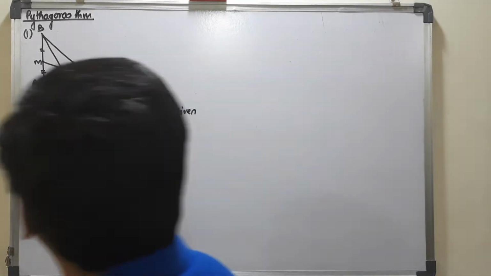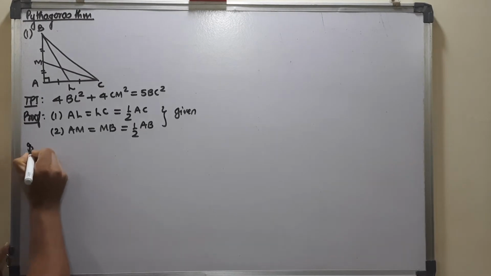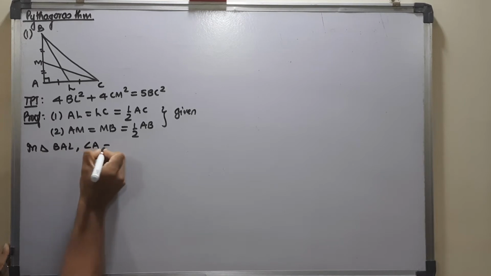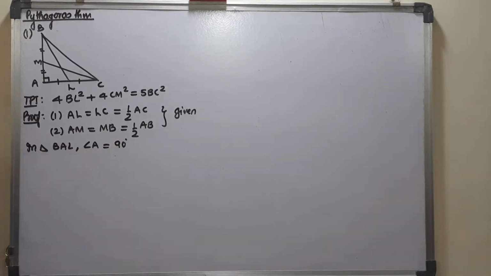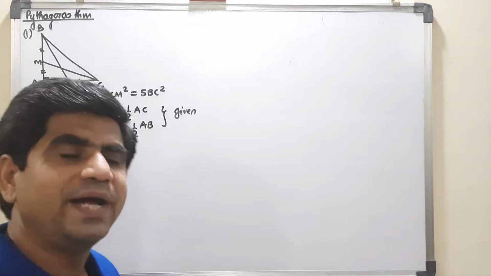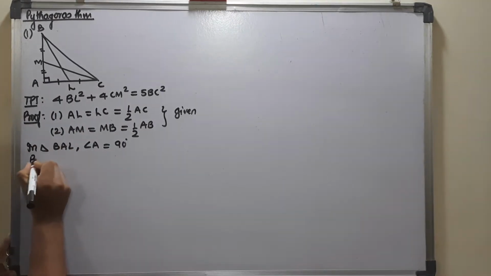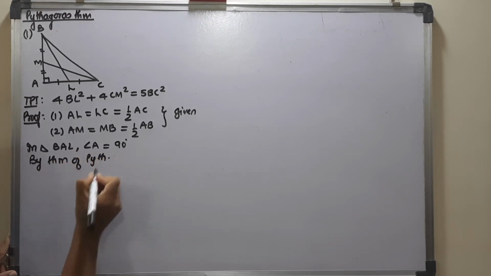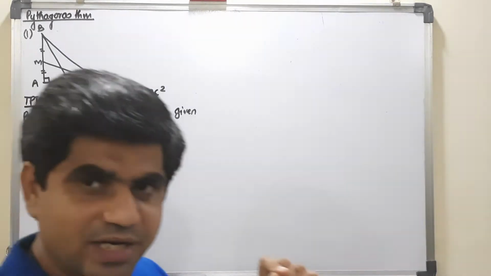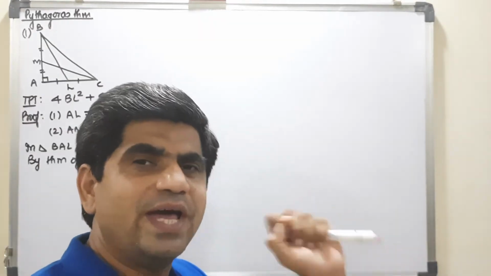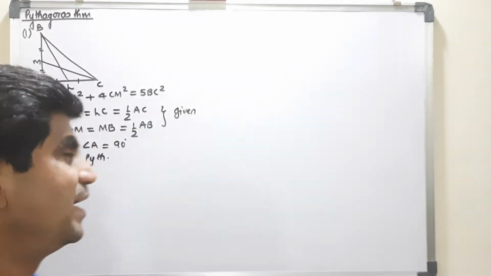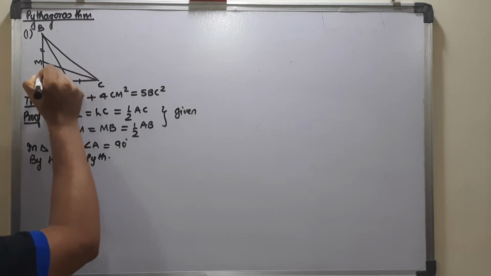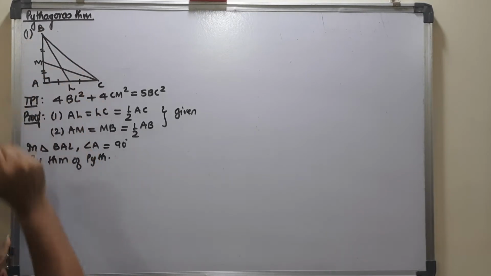So I want BL square, so I will select a triangle, that is, in triangle BAL, angle A is your 90 degree. Okay? So what does Pythagoras theorem say? Pythagoras theorem says that the sum of the squares of sides forming right angle, means in this triangle, this is right angle over here, so this is one side and this is another side which is forming right angle.